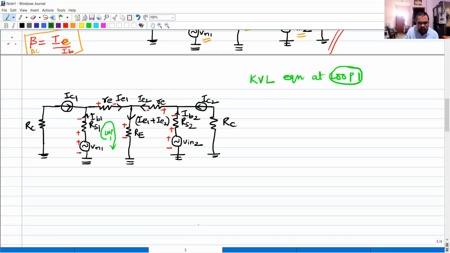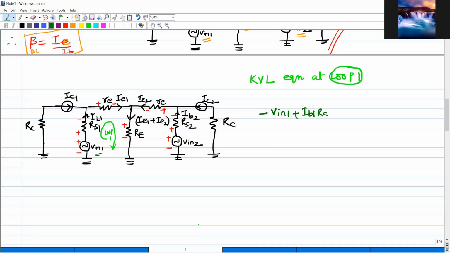What is the voltage here? First one, Vin minus Vin1. Yes or no? Then plus IB1 into RS1.